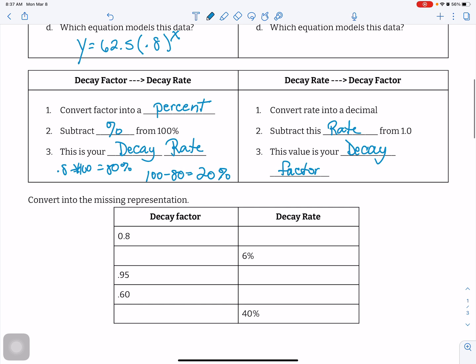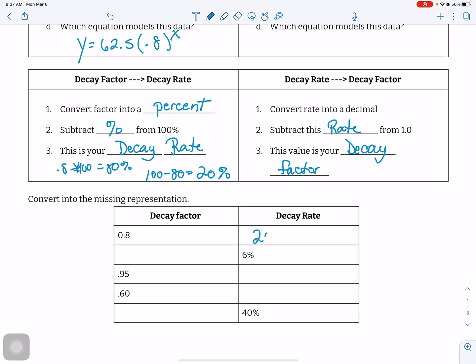We already did 0.8. We know that that's going to be 20%. If I know 6%, that's going to be the directions up in here. That's already given to me as a rate. I'm going to put it as a fraction or as a decimal. To do that, remember we're just dividing by 100 because percent means out of 100. So 6 divided by 100 equals 0.06.